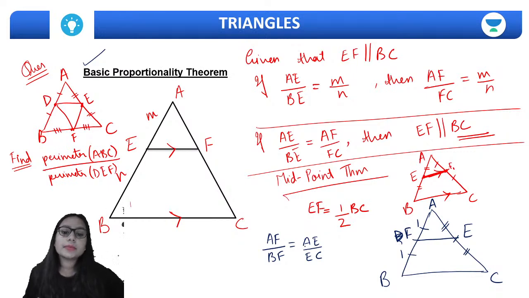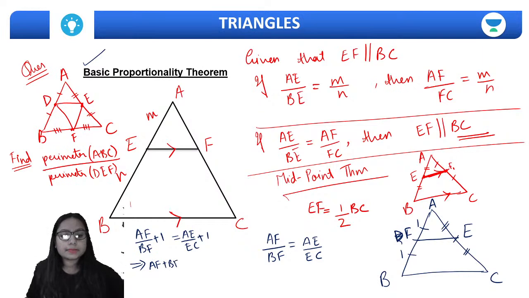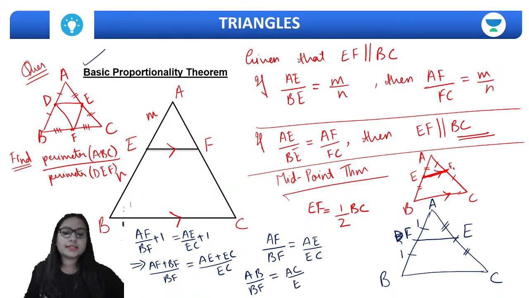Now if I add 1 to both the sides, I get AF upon BF plus 1 is equal to AE upon EC plus 1. So this gives AF plus BF upon BF is equal to AE plus EC upon EC, which gives AB upon BF is equal to AC upon EC.